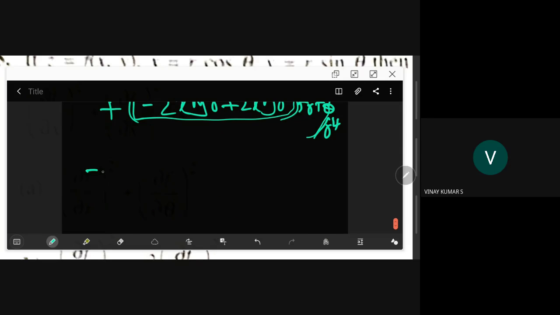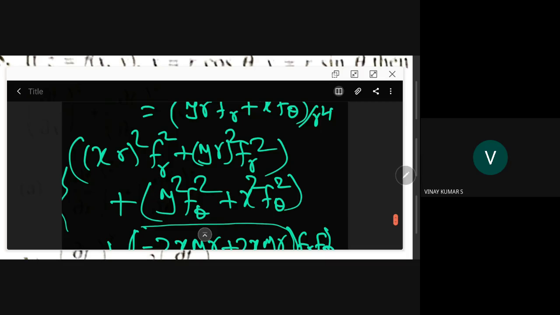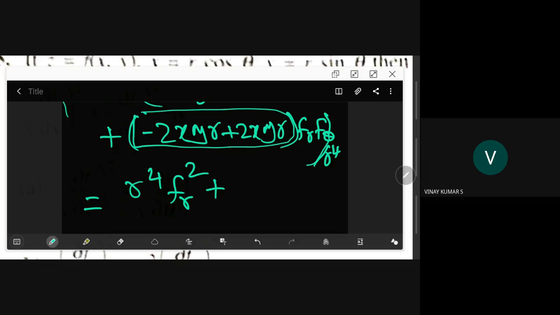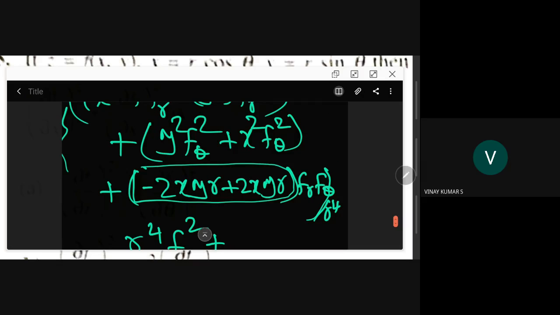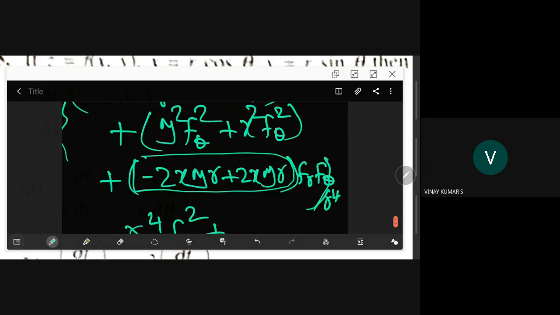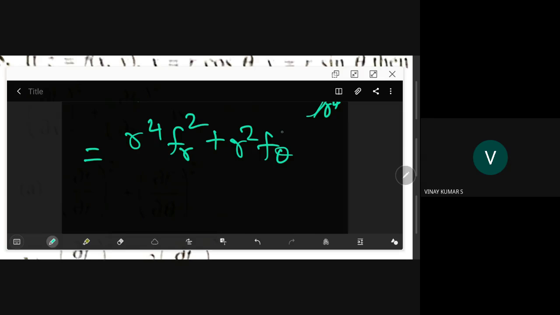This is equal to r power 4 fr square plus r square f theta square, all by r power 4.